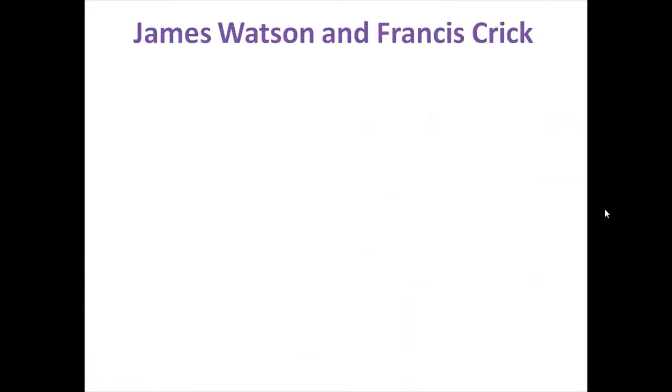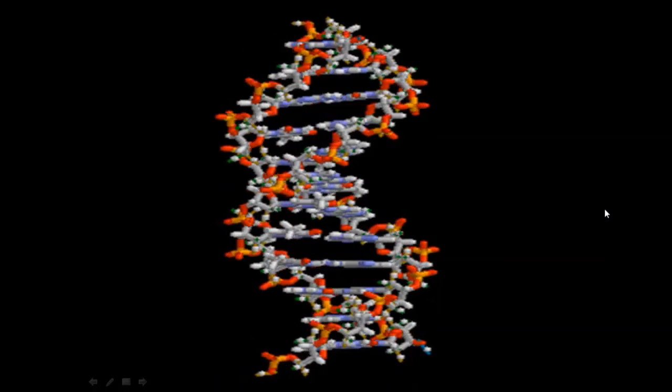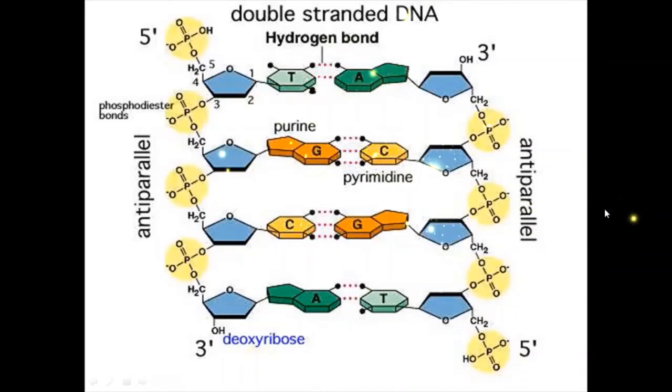Based on the above data, James Watson and Francis Crick finally proposed the 3D model to explain the structure of DNA. According to the Watson and Crick double helical model, DNA is composed of two polynucleotide strands which are antiparallel to each other.